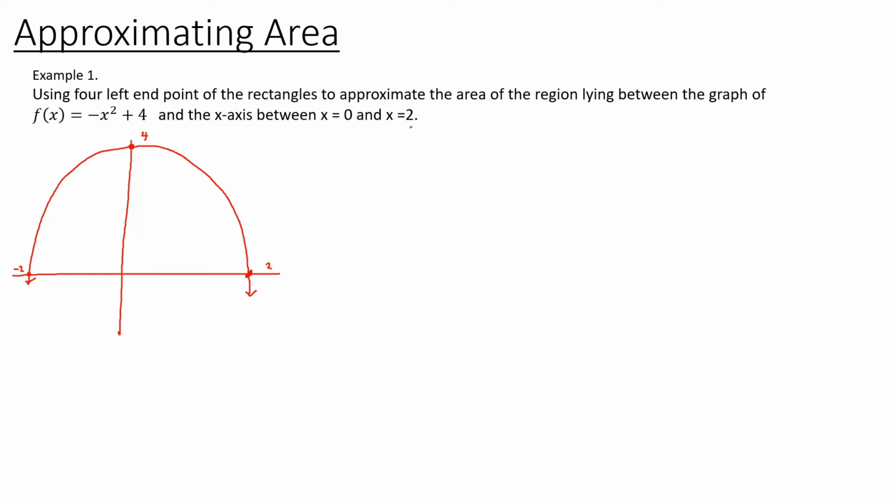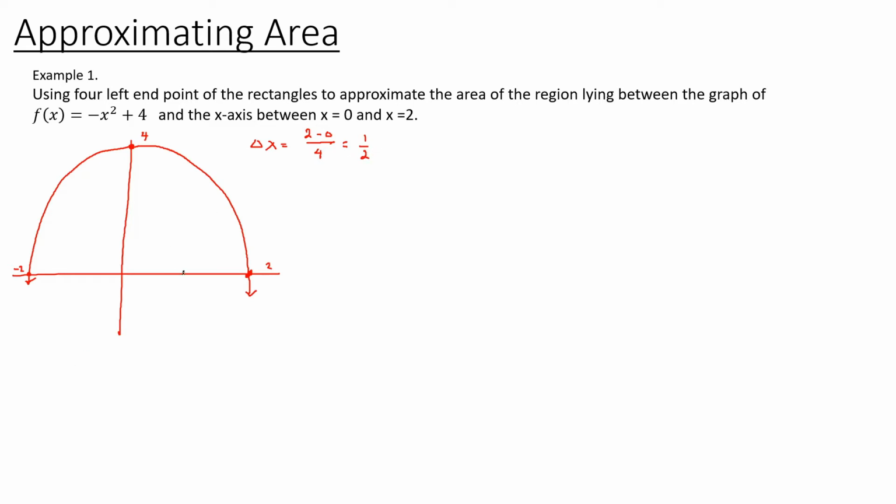So the first thing we should do is figure out the width of each rectangle. So notice that we have from 0 to 2 to cover, and we're dealing with 4 rectangles. So our delta x will be 2 minus 0, because that's the distance that is provided, and we're going to squeeze in 4 rectangles. So each rectangle has a width of 1/2.